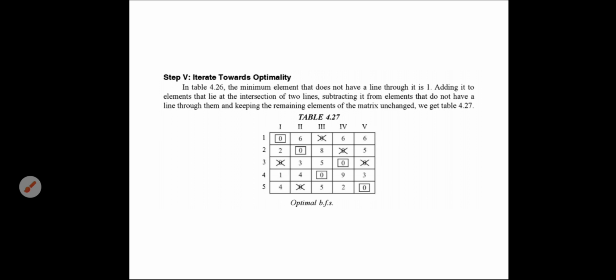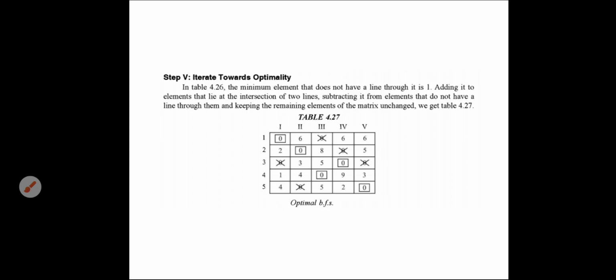In that table, now you start the assignment. For the first 0, all the others are crossed. Second row, second column 0, other zeros are crossed. Third row, the first 0 is crossed as the first row element is already assigned.